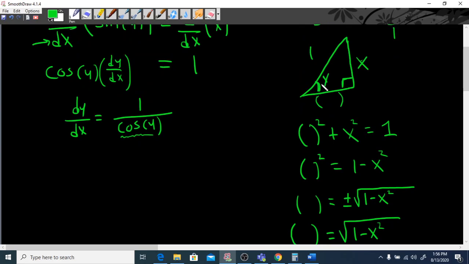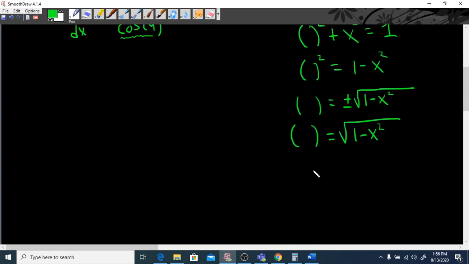So the cosine of this angle is the blank over the hypotenuse, and the hypotenuse is just 1. So cosine of y equals the square root of 1 minus x squared.